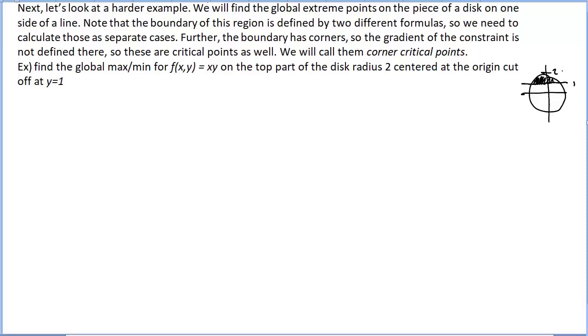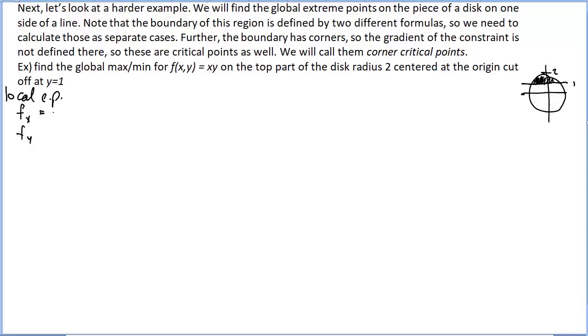So we have to find 3 different types of critical points. We need to find local critical points, boundary critical points, and corner critical points before we compare to see which is the global max and which is the global min. So let's check it out. So let's find those local critical points. To do that, you take your partial derivatives, fx and fy.